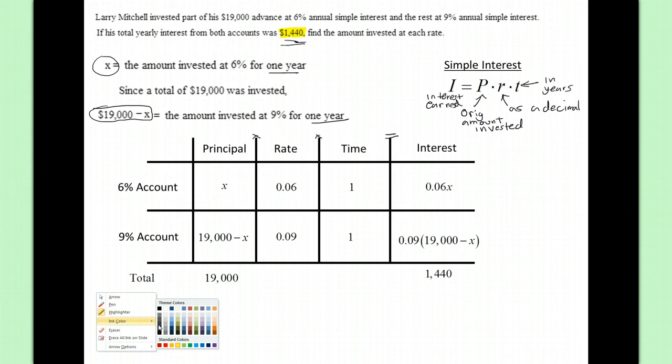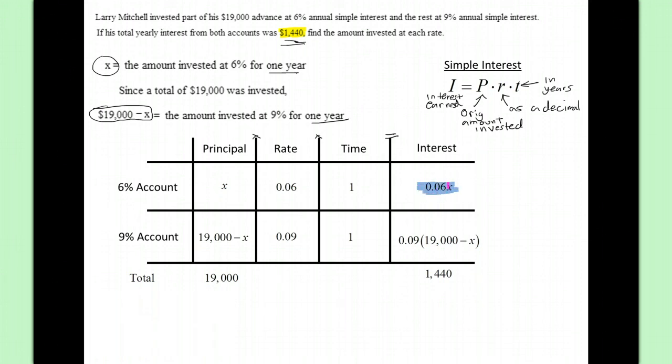We have the amount from the 6% account plus the amount from the 9% account.